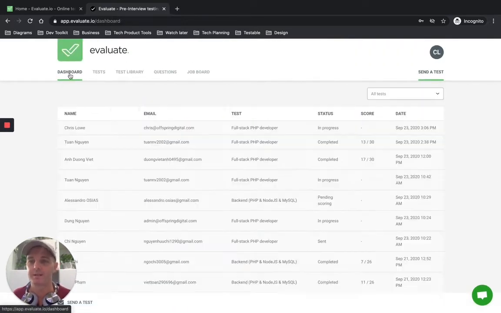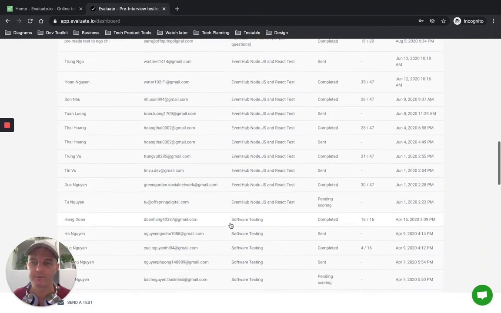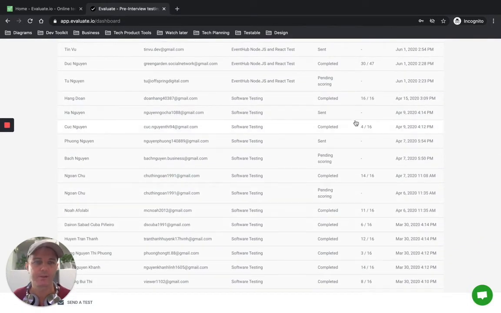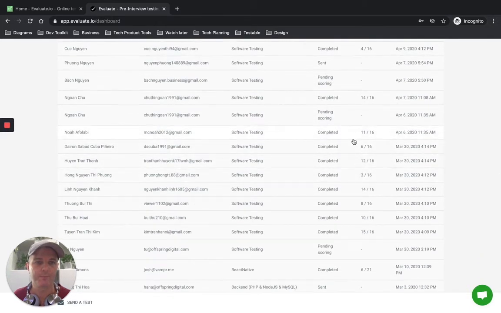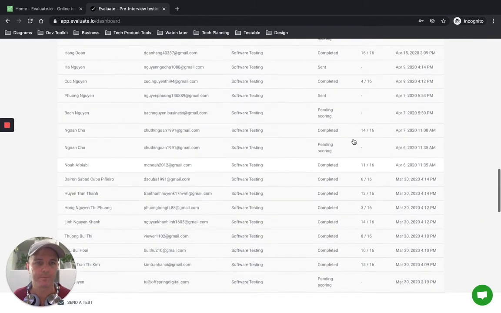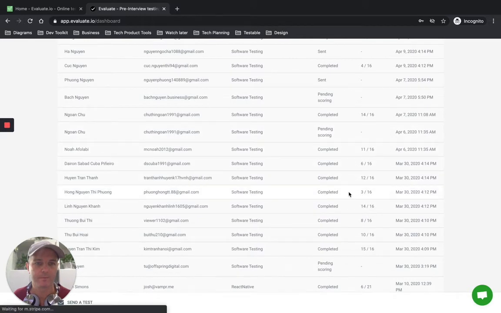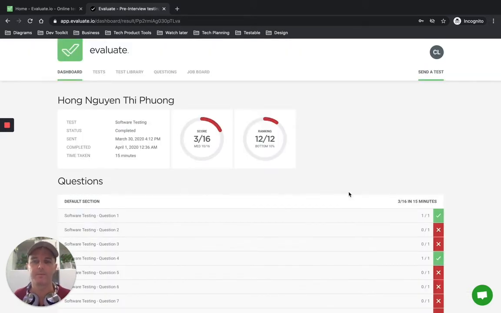If we go back to the dashboard, I'm going to look at another one. Let's look at one that did quite poorly. This candidate got 3 out of 16, which put them 12th out of 12 people, and in the bottom 10% of candidates.